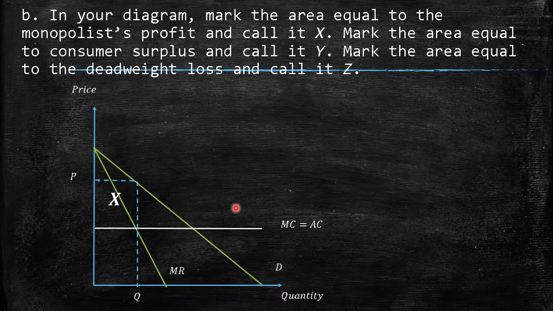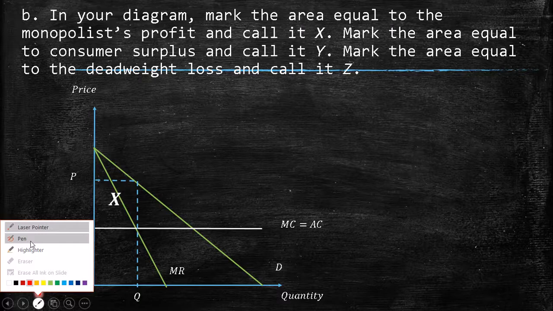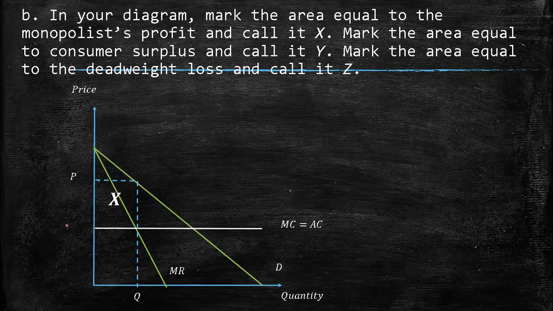Here we have again the demand and the marginal revenue, where we have P and Q. So remember that the profits of the monopolist should be revenue, which is P times Q, which is all this rectangle, minus the cost. This rectangle here should be the average cost times Q, which is exactly the same as total cost. Let me show you something here. So here we have the average cost times Q.